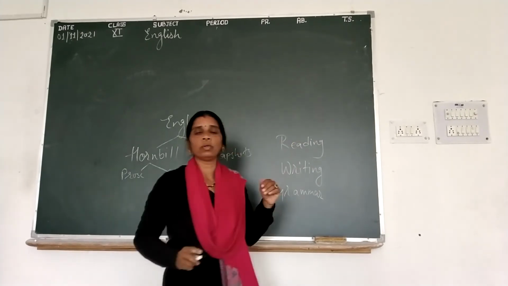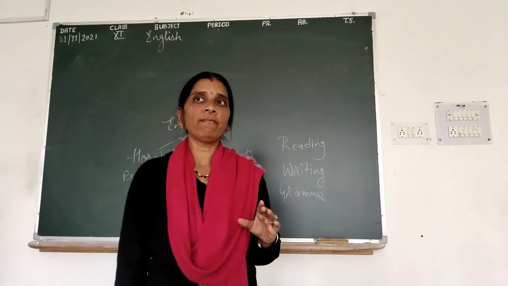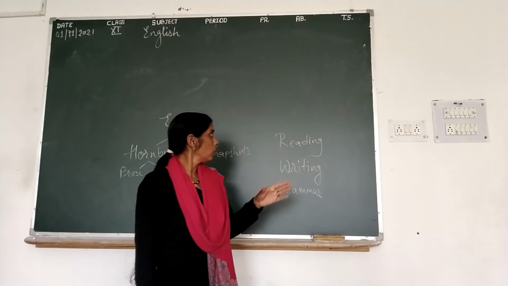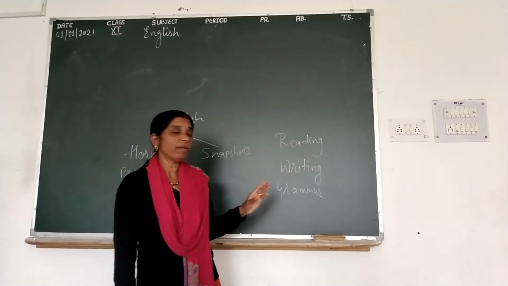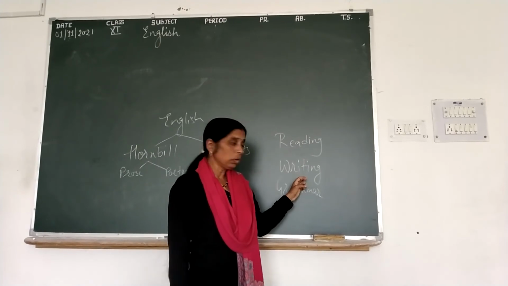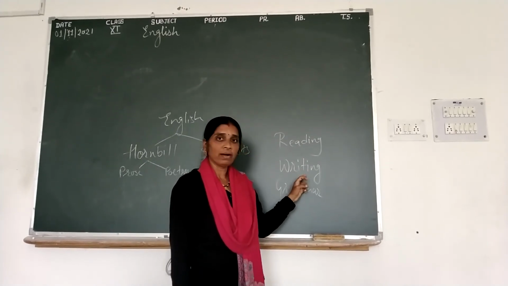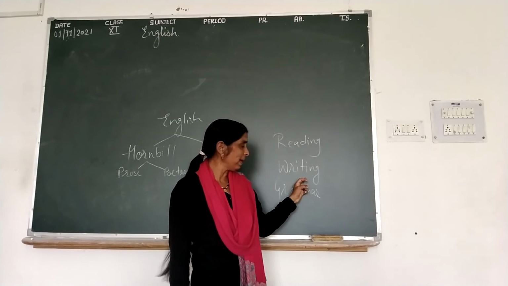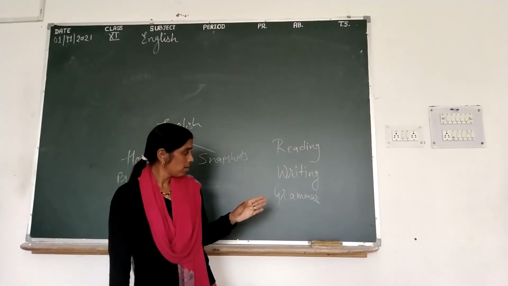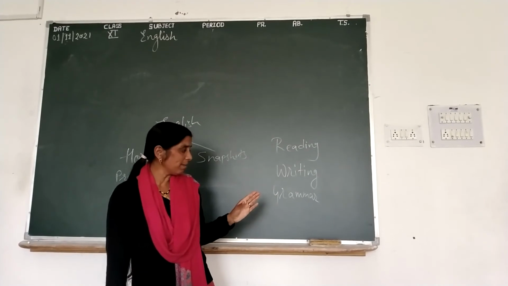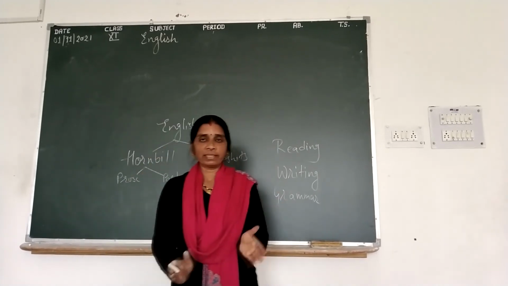In reading, as you all know, you are given unseen passages, okay, and according to them you have to answer. In writing, we will see notices, report writing, article writing, etc. And in grammar, we are having determiners, modals, subject verb agreement, active passive voice, etc.